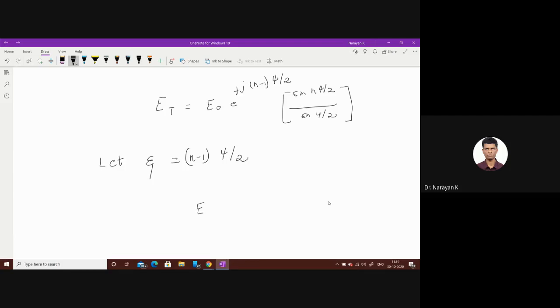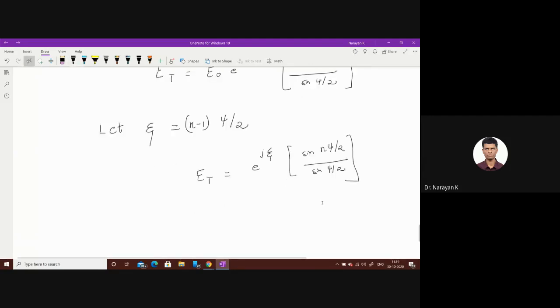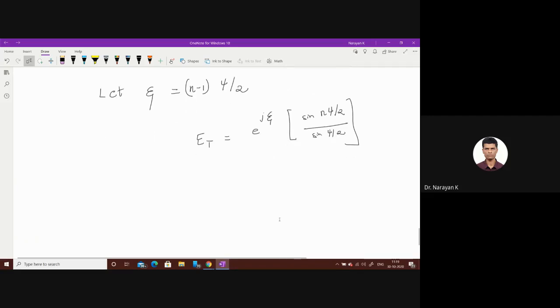So your total electric field E total is equal to e raised to the power j zeta into sine of n psi by 2 whole divided by sine of psi by 2. So this is your total electric field E total, and this is your angle part of it.